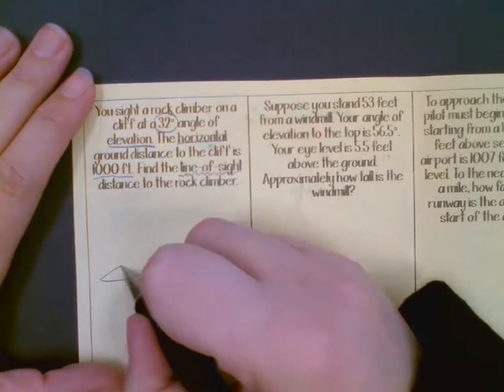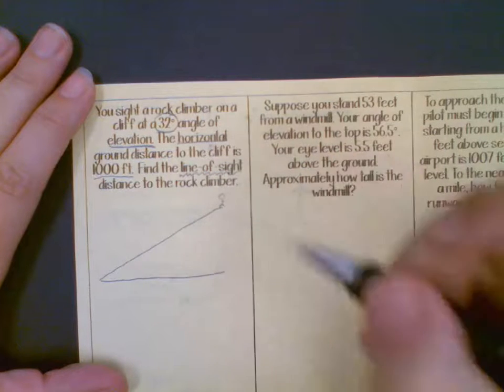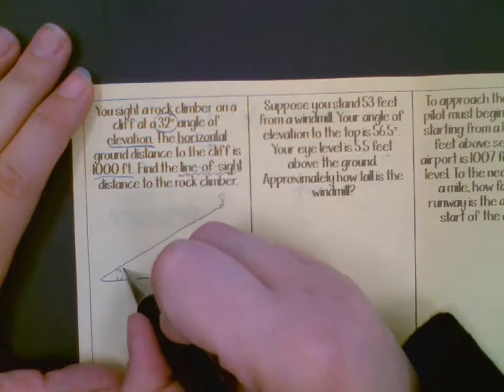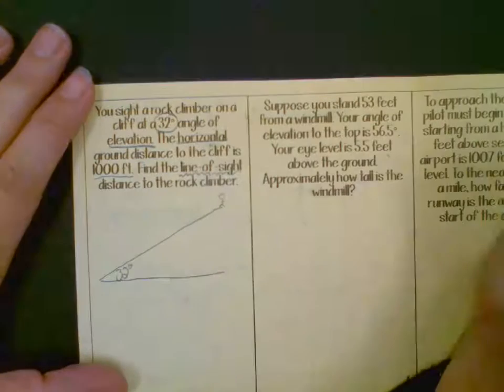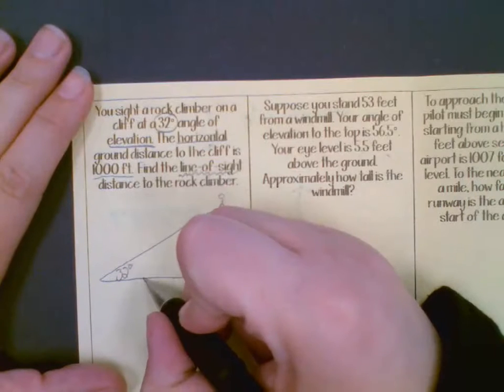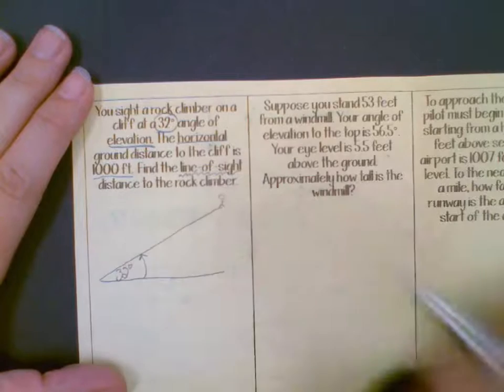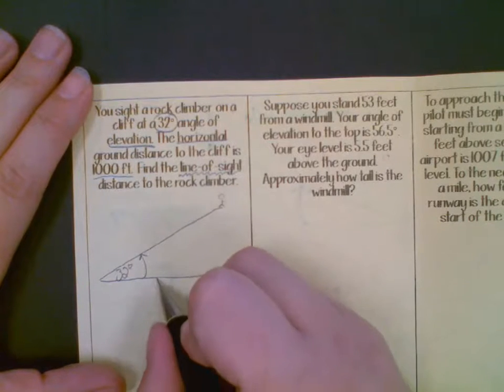Our angle of elevation to the person climbing the rock is 32 degrees. How did I know to draw the line above it? Very good. It said angle of elevation, so we know we're going from the horizontal line up. And our horizontal line in this problem represents the ground.